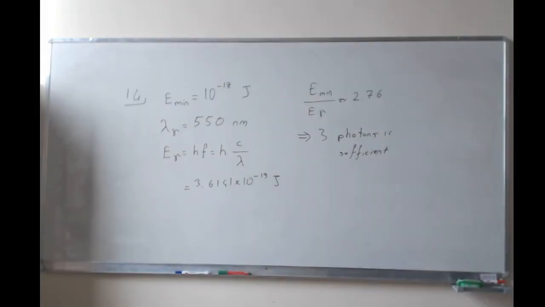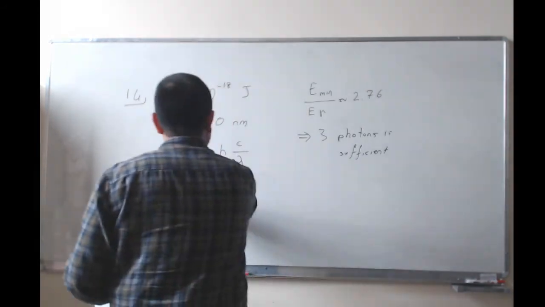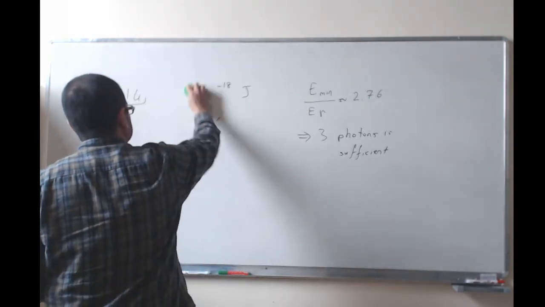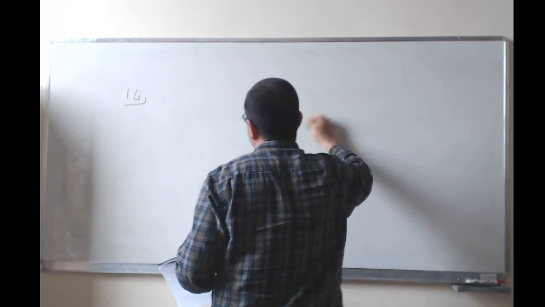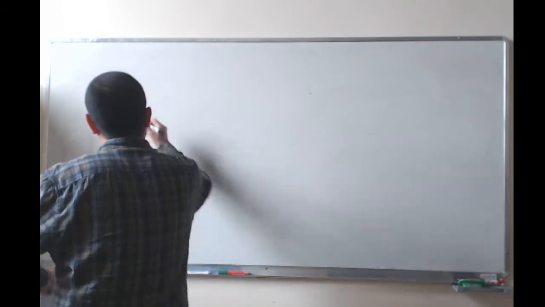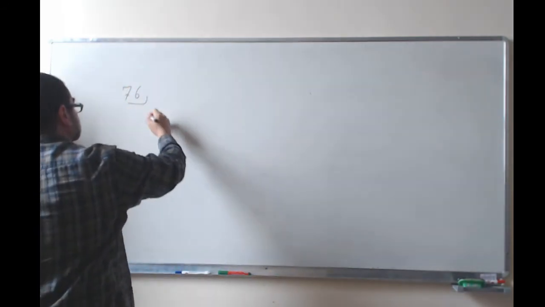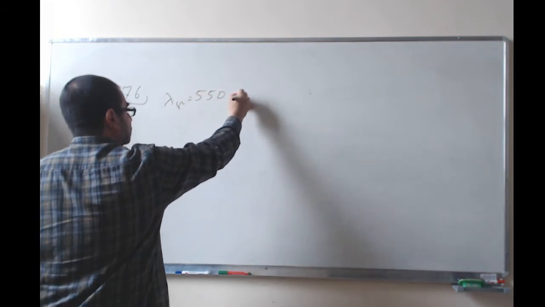So again, go over here. I'm not going to solve this in detail, because this is kind of repeating what we have already done. We are even using the same wavelength here. So our wavelength of photons is 550 nanometers.